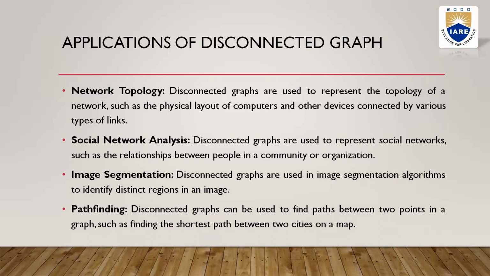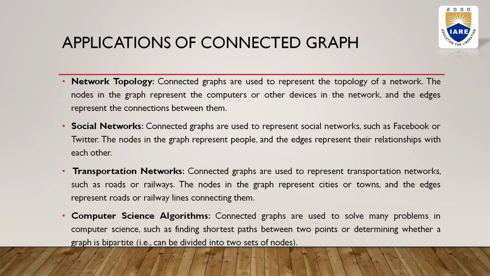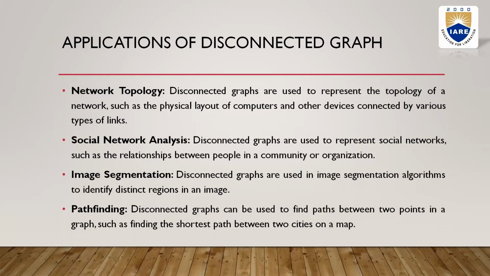In these two, they use both disconnected graphs and connected graphs. In network topology, disconnected graphs are used to represent the topology of the network, such as the physical layout of computers and other devices connected by various types of links. Compared to a connected graph, which represents computers or other devices in a network, here the devices are connected by various types of links.